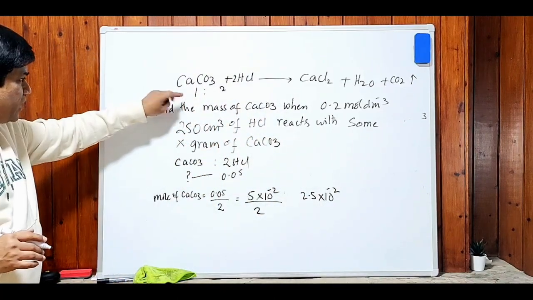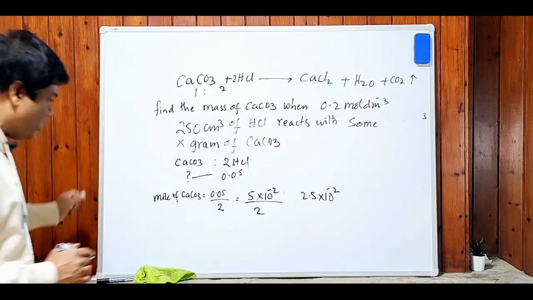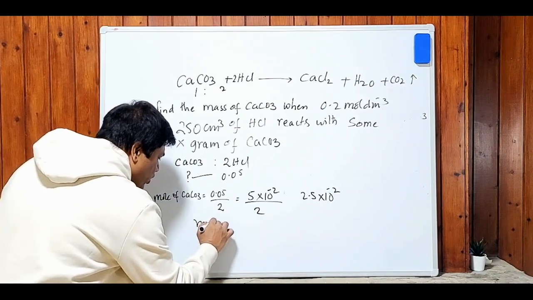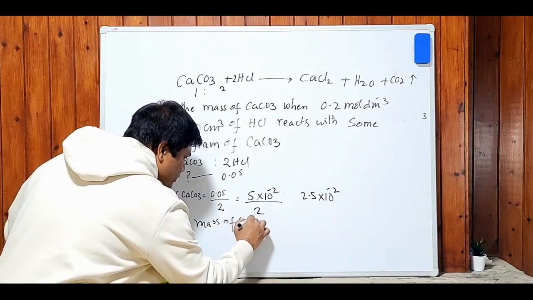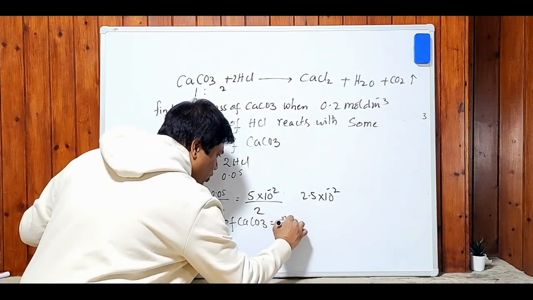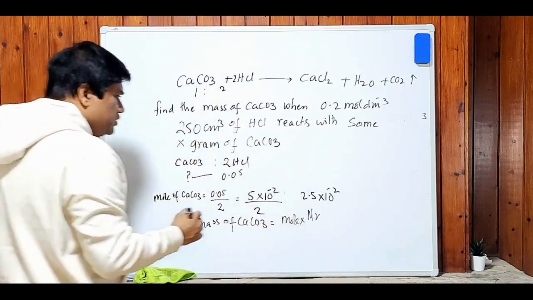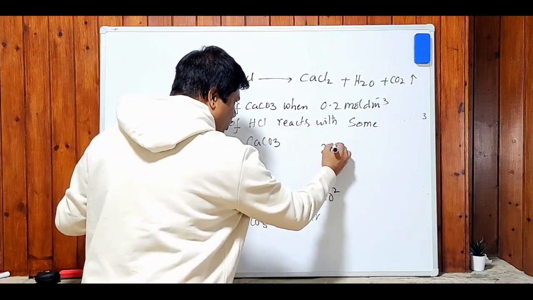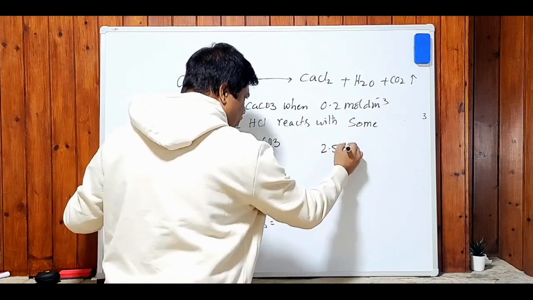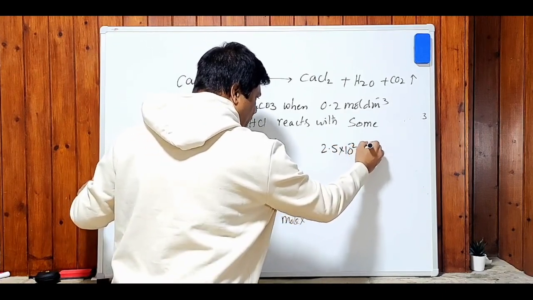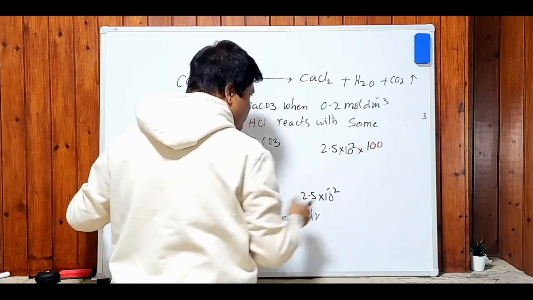With that mole, can I work out its mass? Yes, why not? Mass of CaCO3 is mole times its Mr. We got the mole. Can I write here 0.05 mole we got, into 10 to the power of minus 2. Mr of calcium carbonate is 100.